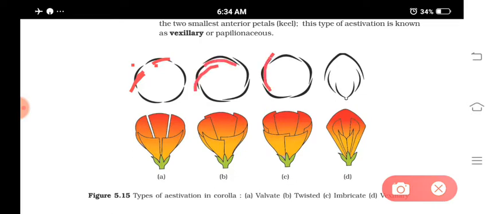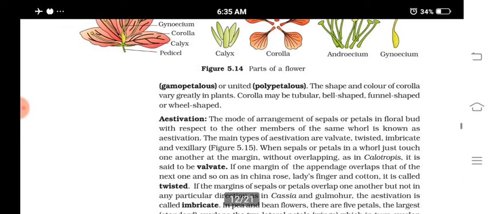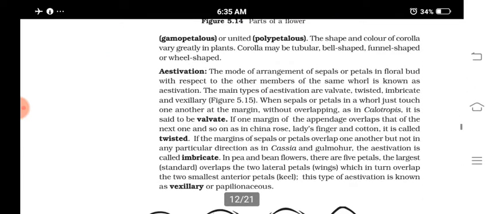You can see one side is outside and one side is inside. So how these members, petals or sepals, are arranged in a bud, that is known as aestivation. And there are different types: valvate, twisted, imbricate, and vexillary.